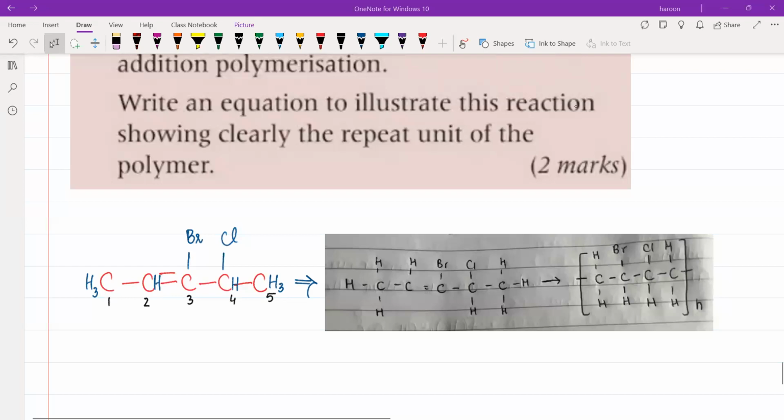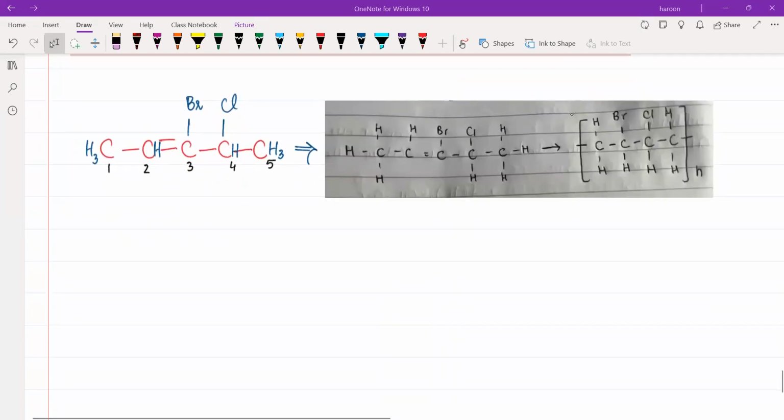So this is your answer. Now, what mistake are you making? Look, one, two. We have a double bond here and this one. That's the wrong way to represent the polymer. Rearrange it. You are making a polymer from the double bond.